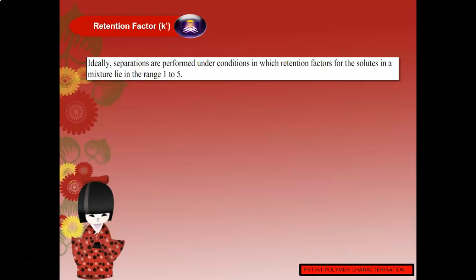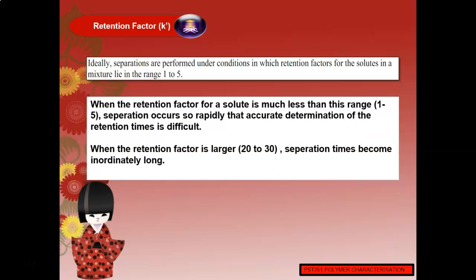Ideally, separations are performed under conditions in which the retention factors for the solutes in a mixture lie in the range of 1 to 5. After you calculate the retention factor, you can conclude in several ways. When the retention factor for our solute is much less than this range, below 1 to 5, the separation occurs so rapidly that accurate determination of the retention time is difficult.